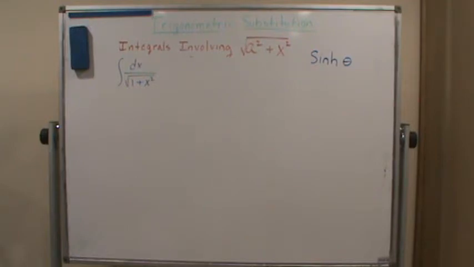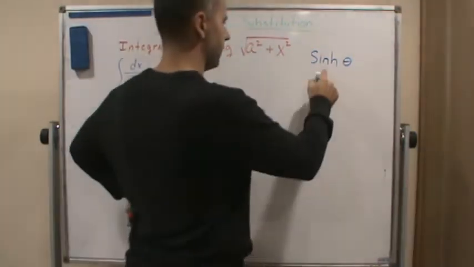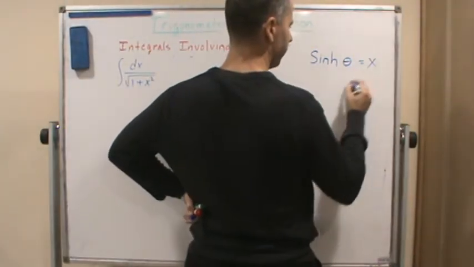Why? Because it's defined for all real numbers. And so we could use this substitution for x.